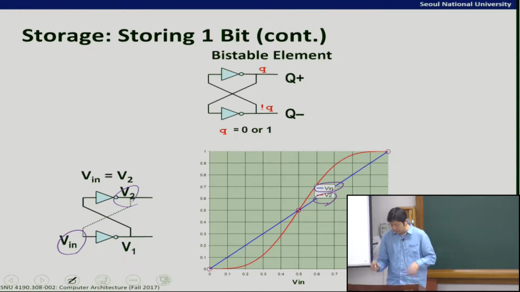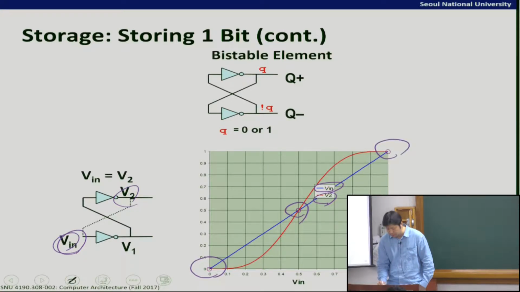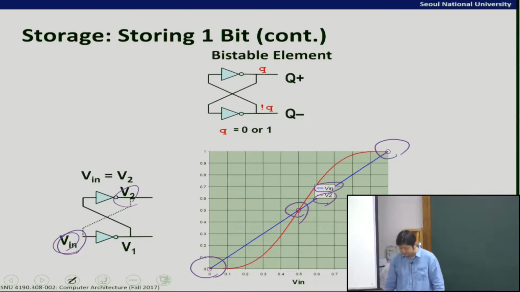So there can be only three voltage levels that are physically feasible and realizable. This V2, Vin voltage should be either 0 volt, or 1 volt, or in the middle. There are only three different physical voltage levels at which the relationship is satisfied.